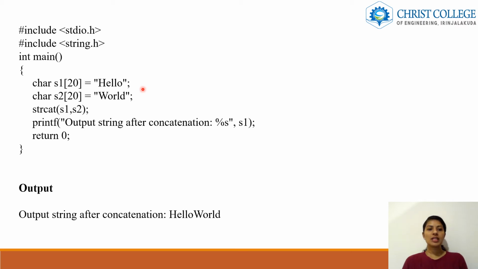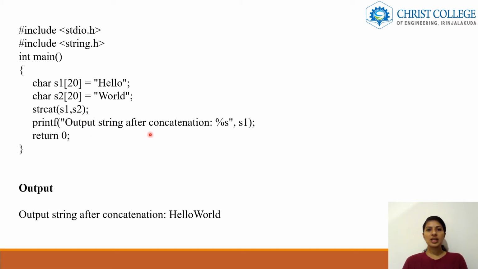In this program, we have declared two strings S1 and S2. S1 is initialized with hello, S2 is initialized with world. Now we shall see how the strcat function is used. So this is a function called strcat, and inside the bracket we have given the names of two strings S1 and S2.